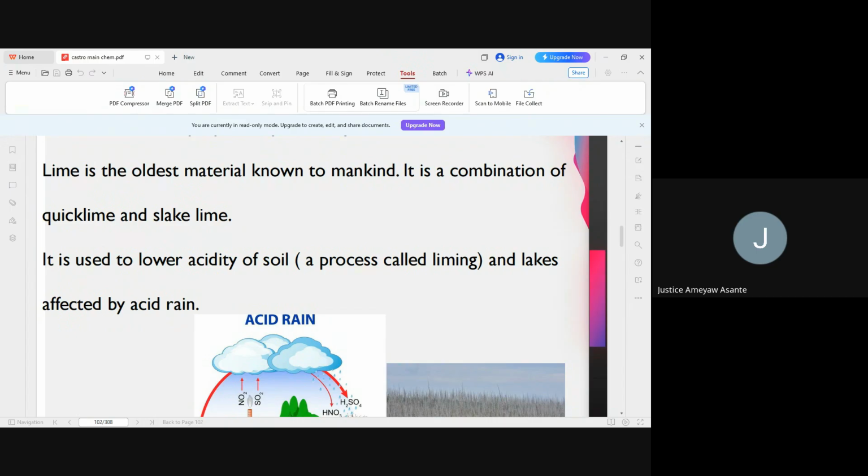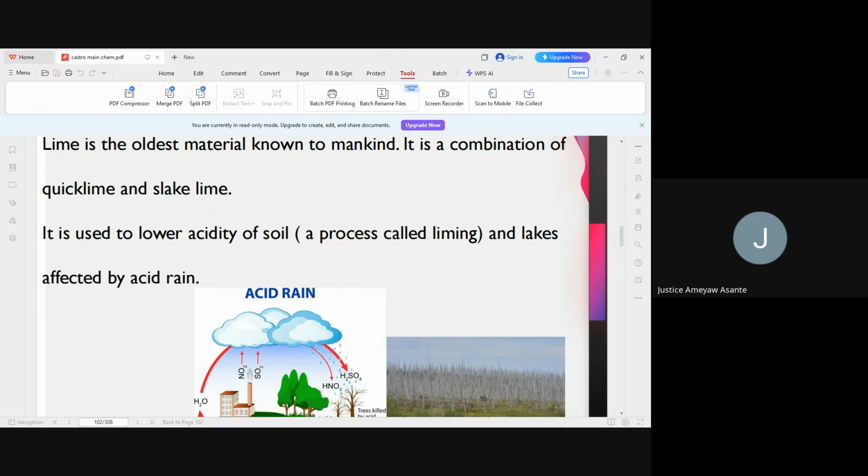So what do you use the quicklime for? It is basic. So if you want to reduce acidity in the soil, you just take it and go and pour it into the soil. It is used to lower acidity of soil, a process called liming, and in lakes affected by acid rain.